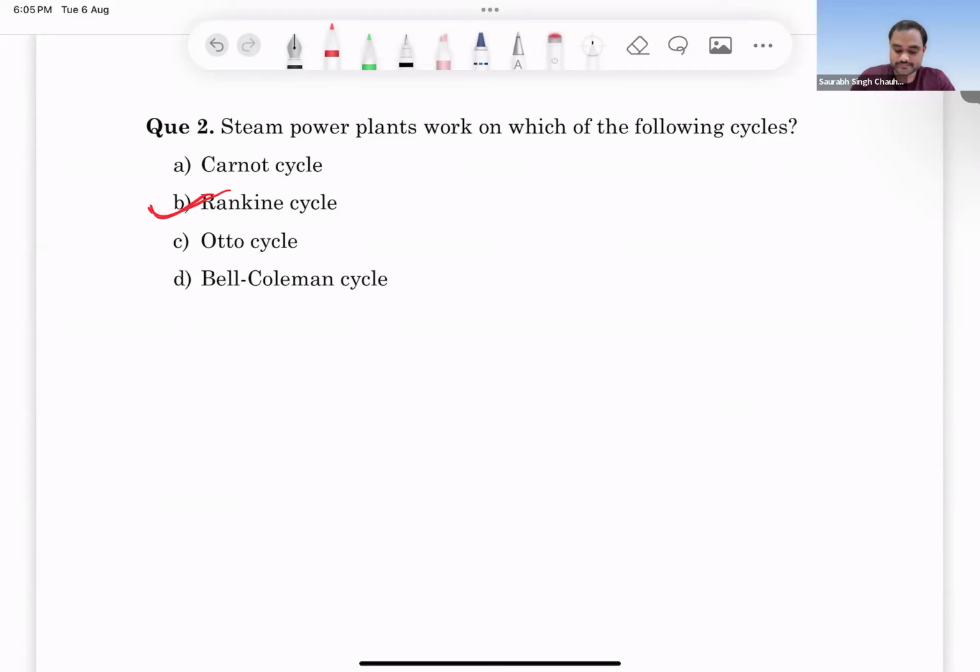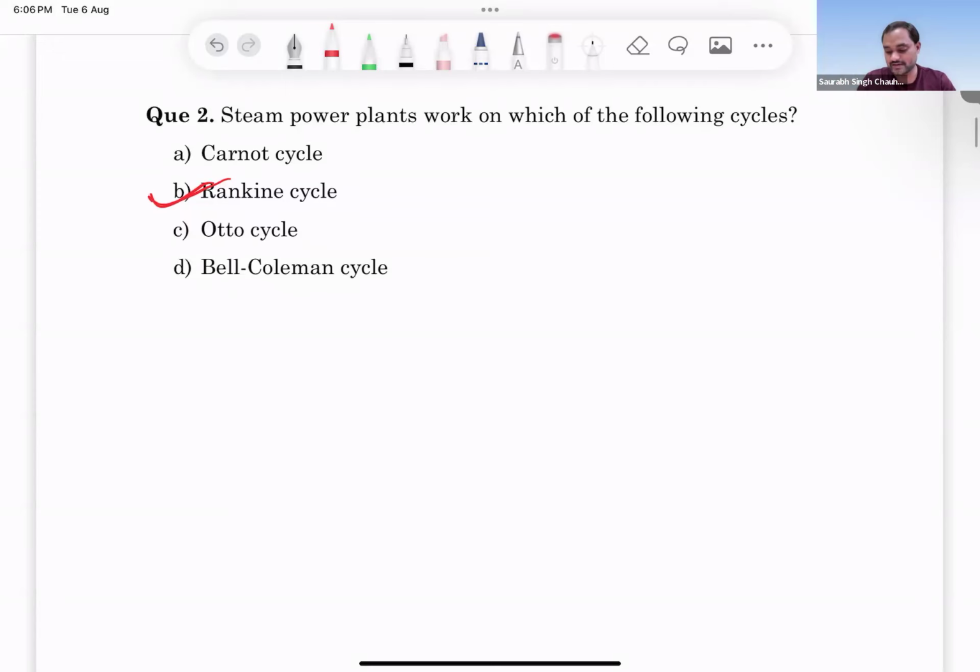In Rankine cycle, we will not get the same efficiency as we expect in a Carnot cycle, but Rankine cycle is more practical. So Rankine cycle is used in steam power plants, not the Carnot cycle.